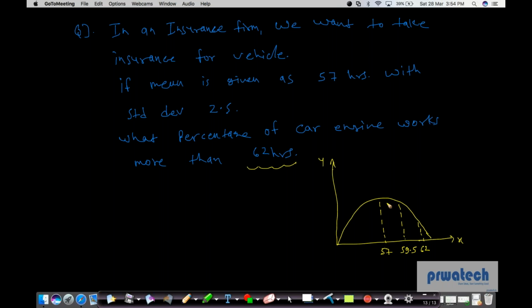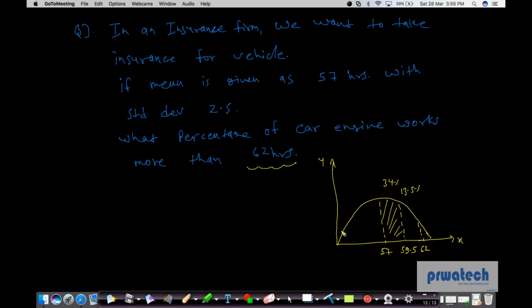Again, empirical rule: this area is how much? One standard deviation above and below was 68, so 34, 34. So this area is 34%, this area is 13.5%. So 34, 13.5.